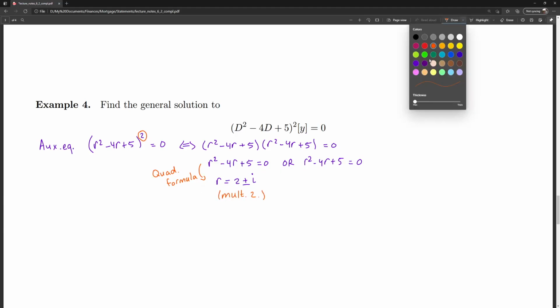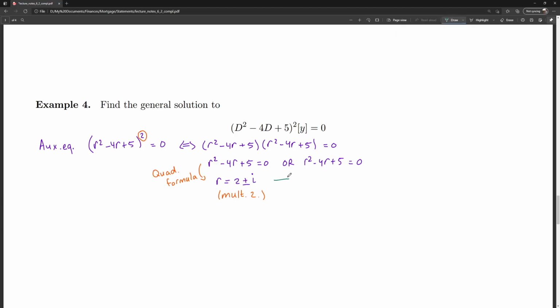Now, what does that mean for the general solution? If we look at 2 plus or minus i, we see that alpha equals 2 and beta equals 1.